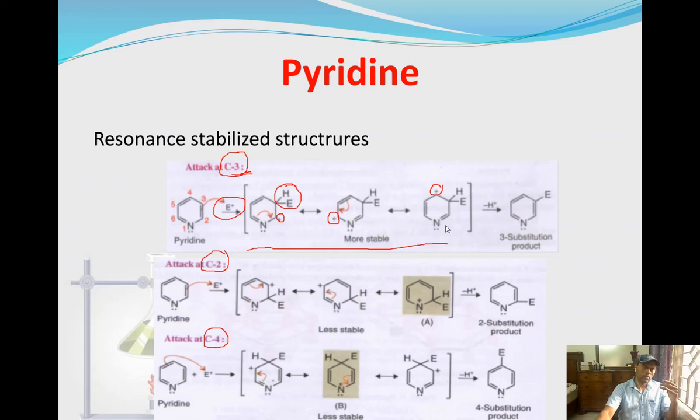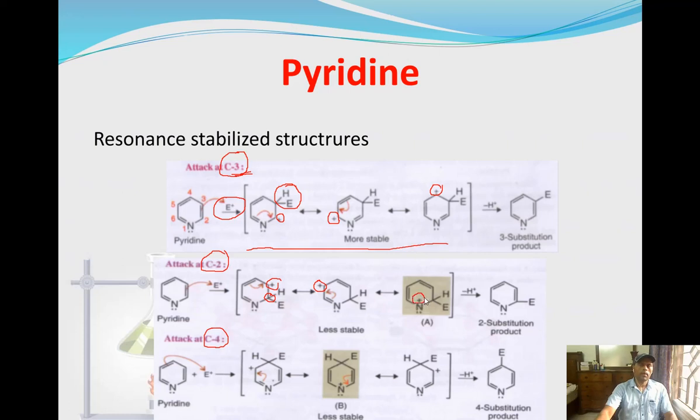Okay. Now let's go to the C2 attack. What will happen when it is attacked at C2? You're going to get one positive charge over here, one more here, and one more here.